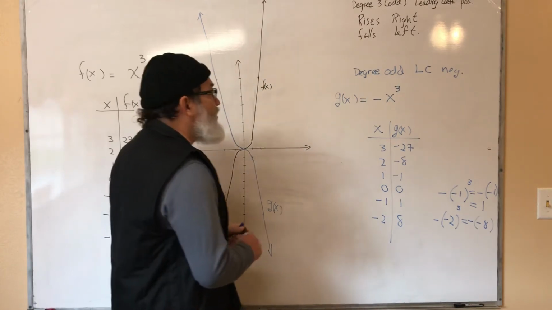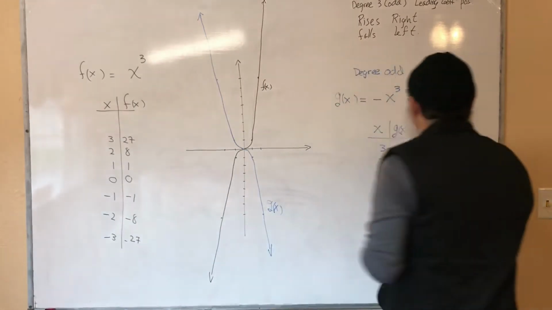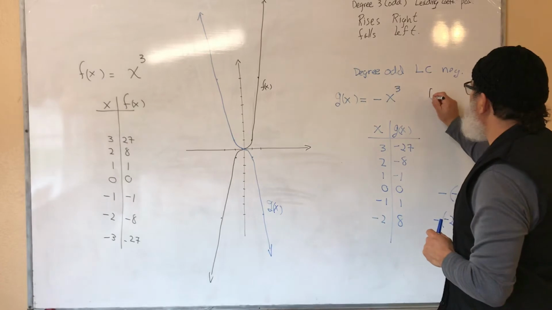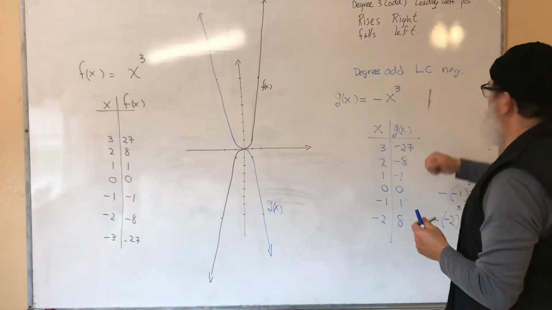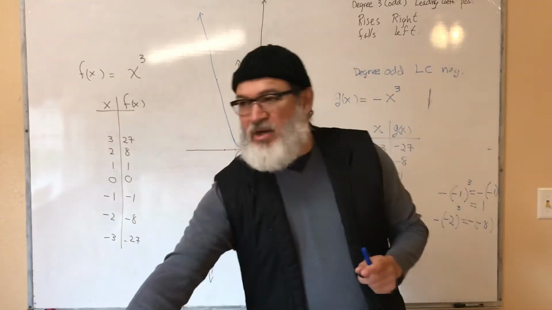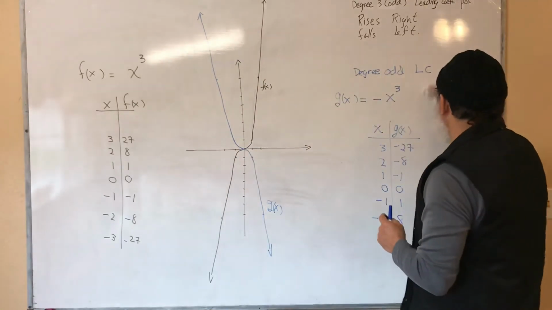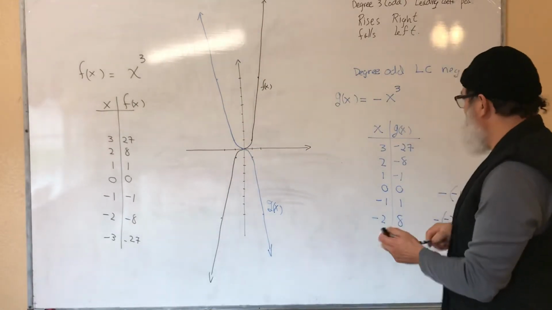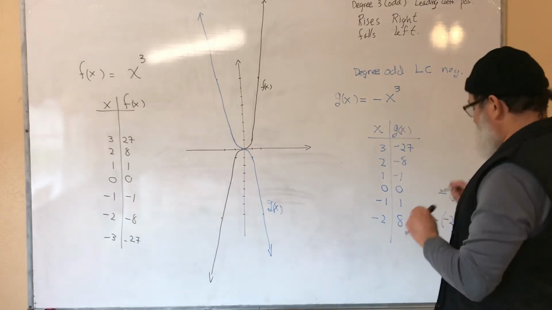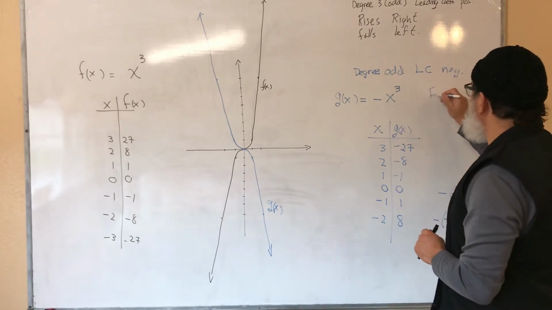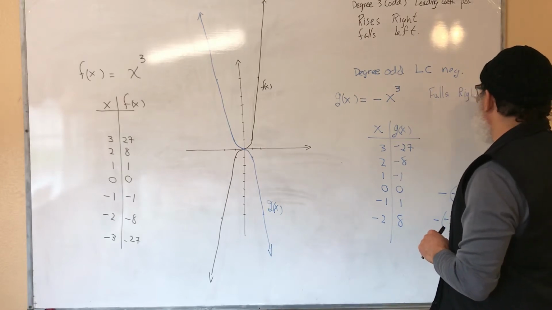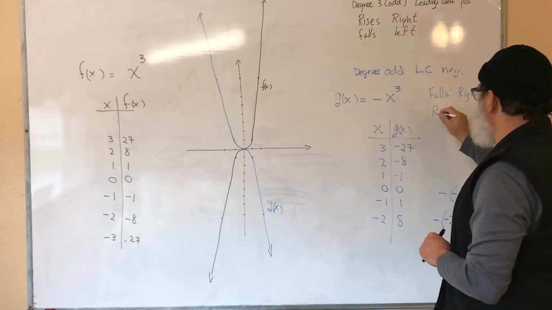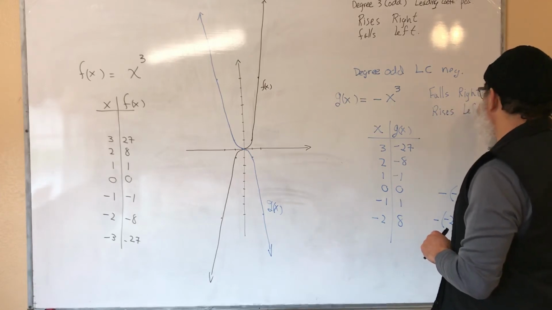Let's write that down. Falls, write it in blue, okay? Write it in blue. Falls right, rises left.